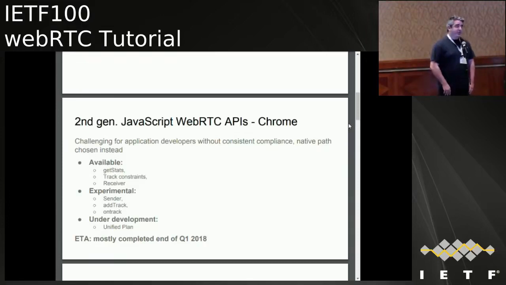Lastly, Unified Plan, which is the standard way of doing simulcast, a good way to actually adapt the resolution in case of bad bandwidth or a lot of people joining a call, is still using Plan B, an old version, in Chrome, and it's blocking a little bit the standardization effort where Firefox is already, for example, using the real Unified Plan. According to Chrome, that should be completed by the end of this year or first quarter next year.